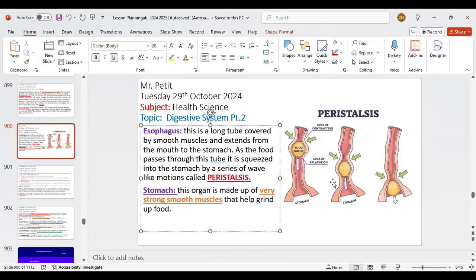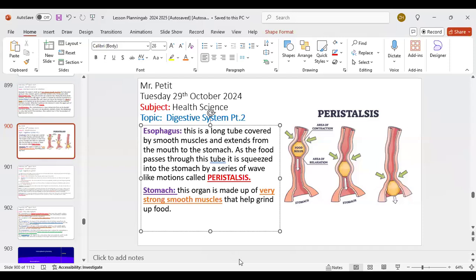Very good. Liliana, what type of muscles is the stomach made up of? Strong, smooth muscles. Very good.